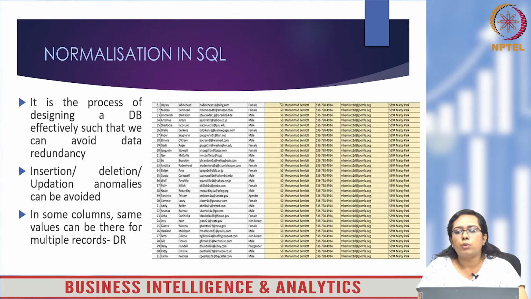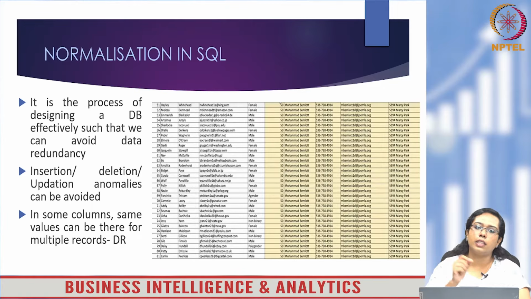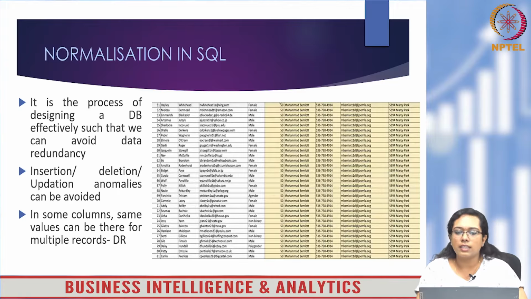So, what we can do is form this yellow part as a separate table, so that it is written only once or twice, and we can just reference it from the white table wherever it is needed. Instead of writing it, maybe if there are 100 records, we would write it 100 times. Imagine a situation where there are lakhs of records.